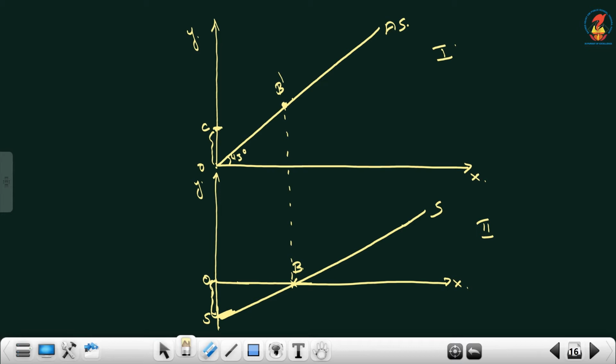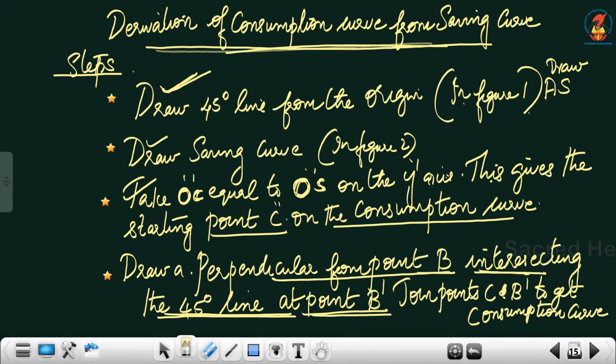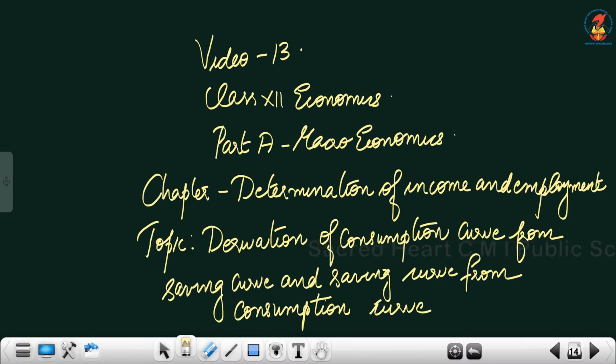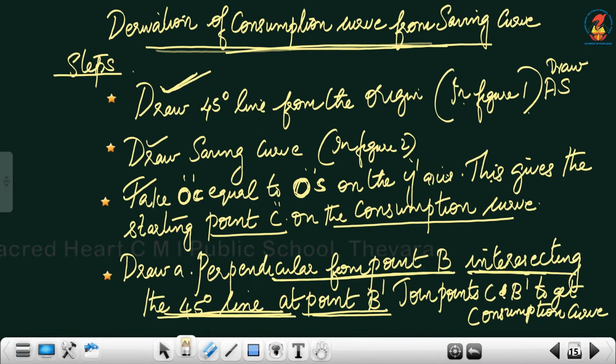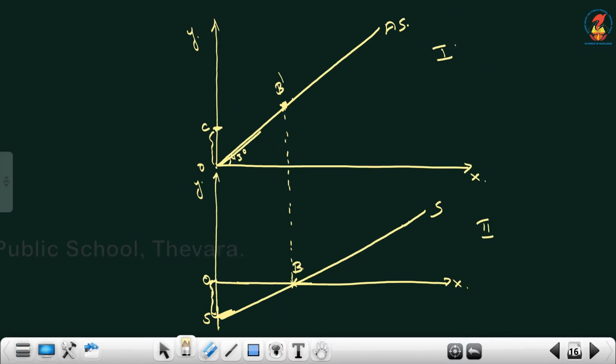You can draw an arc and draw a perpendicular and mark it as point B1. So I have drawn a line from point B intersecting the 45-degree line at point B1. Join points C and B1 to get the consumption curve.